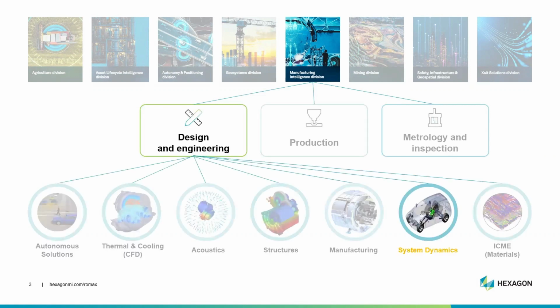Within design and engineering, we have a number of centers of excellence, covering a wide range of simulation software capabilities: autonomous solutions, thermal cooling, acoustics, structures, manufacturing, materials. I sit within the System Dynamics COE, under which we have two world-renowned products, Romax and Adams.